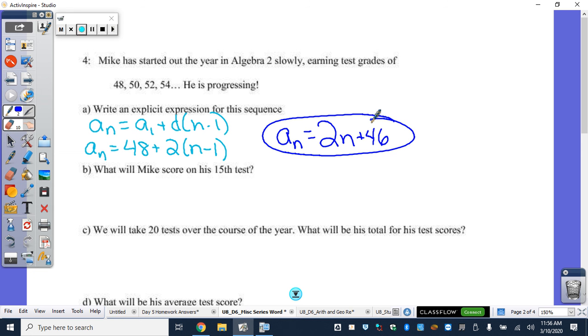So now they want to know, what did he score on his 15th test? Plug in a 15. What did he get on that 15th test? 76.